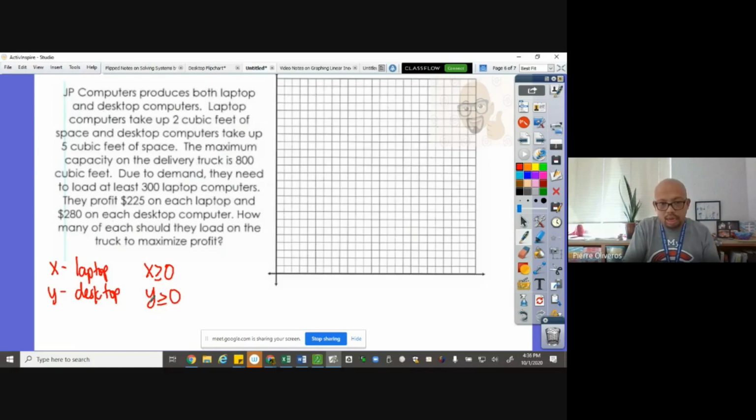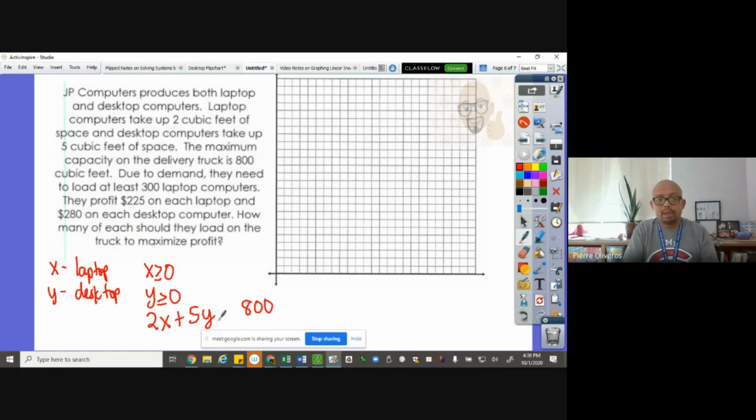So you know that for a laptop you can make 2x, because 2 cubic feet times the quantity, how many laptop computers you have, plus 5y, right? But the capacity is only 800.